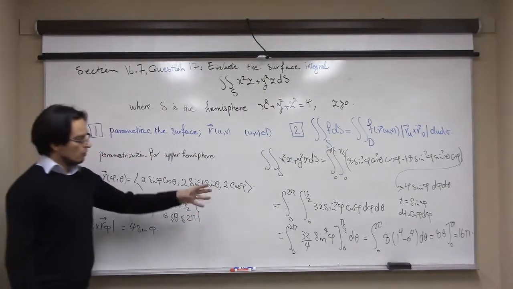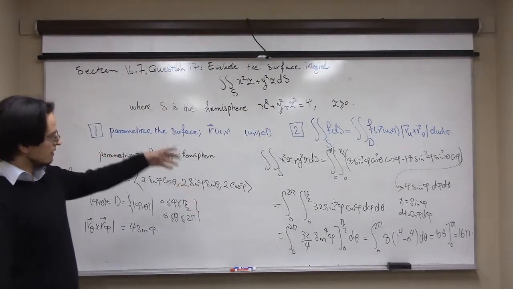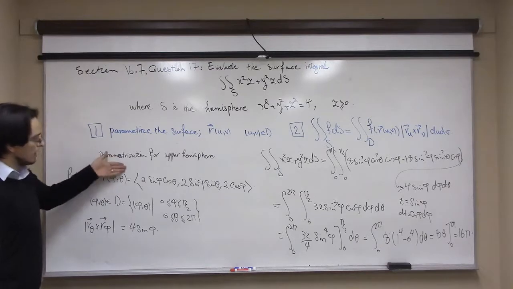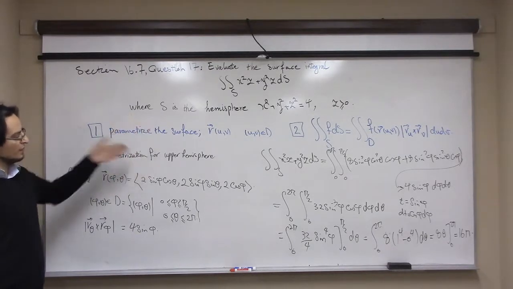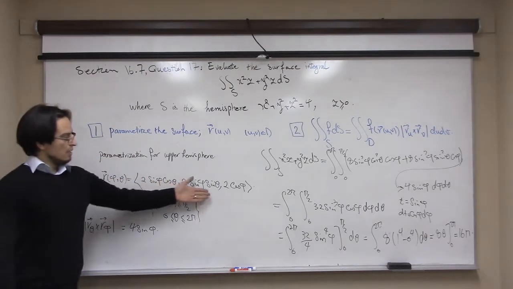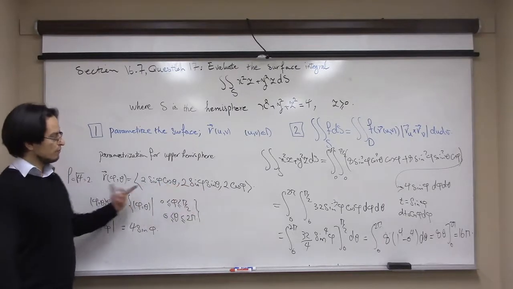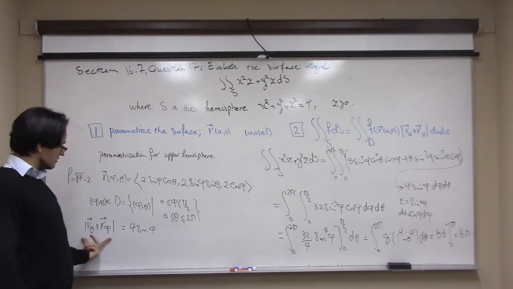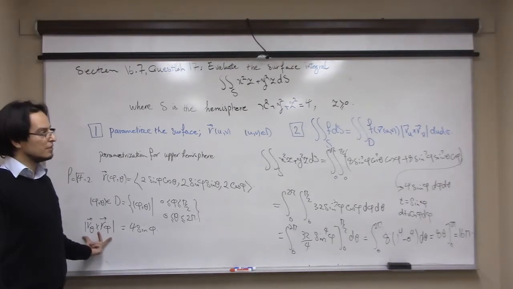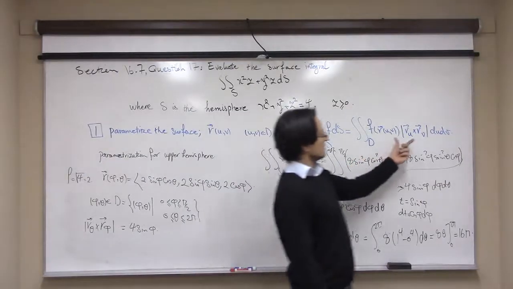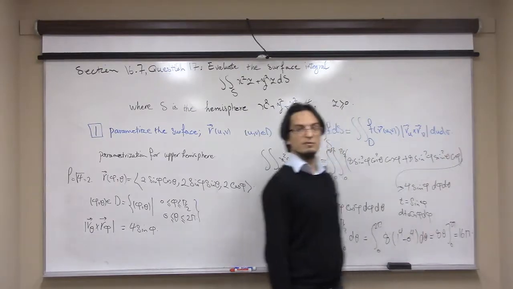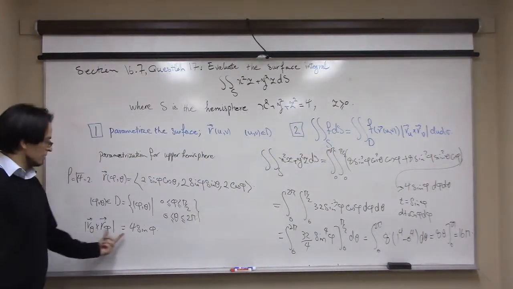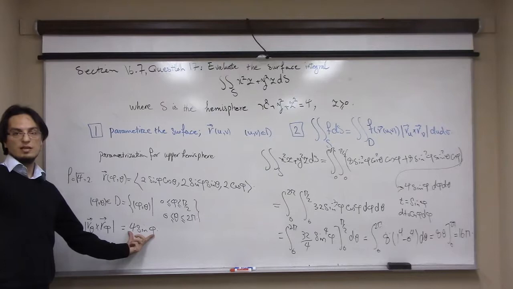Okay, so what we did here in summary would be, first I wrote this surface in this form, parameterized it in spherical coordinates, and then I found the integral element, which is given by the length of r_u cross r_v du dv. In this case, I got this, which is 4 sine phi.